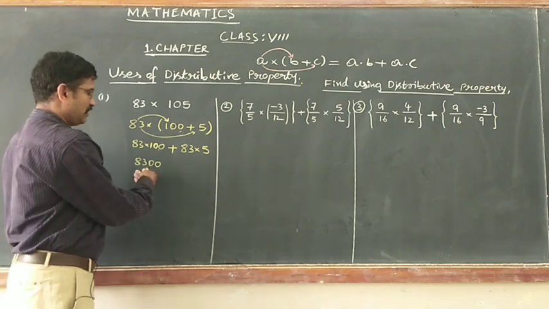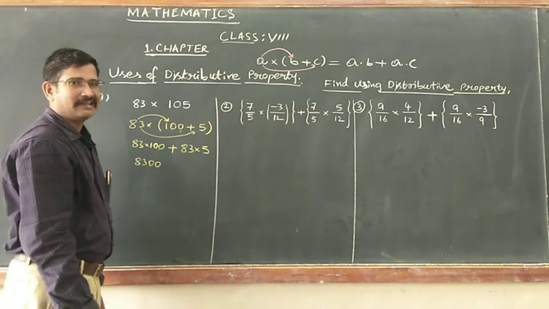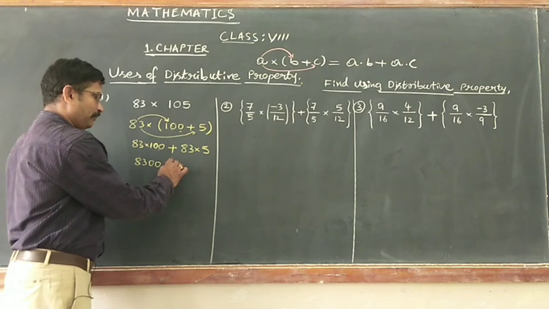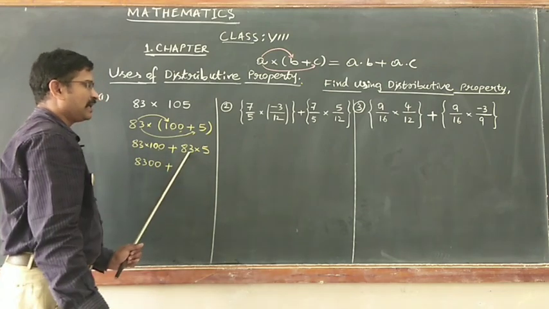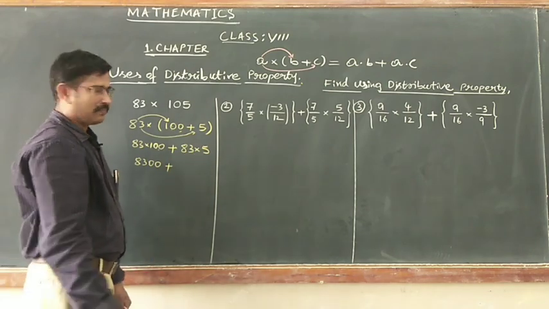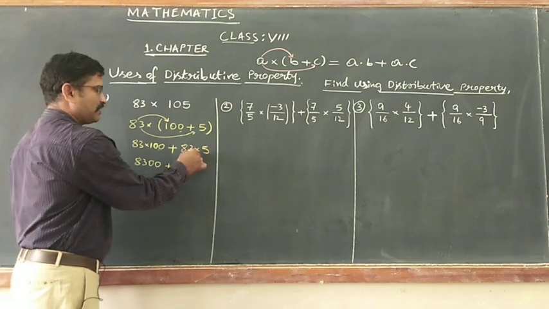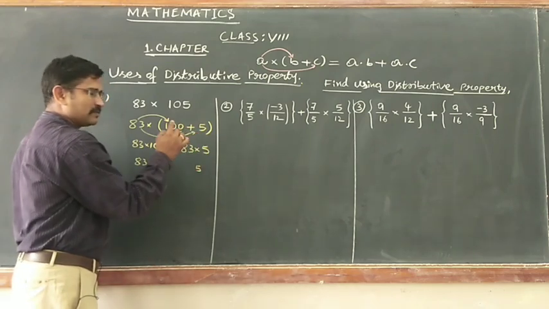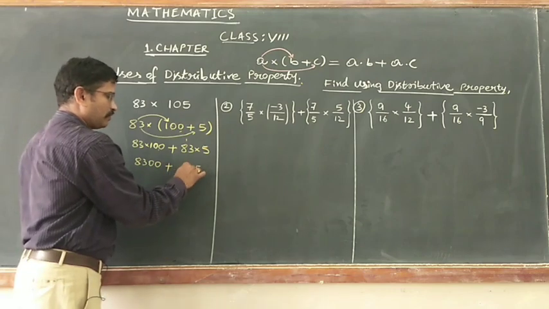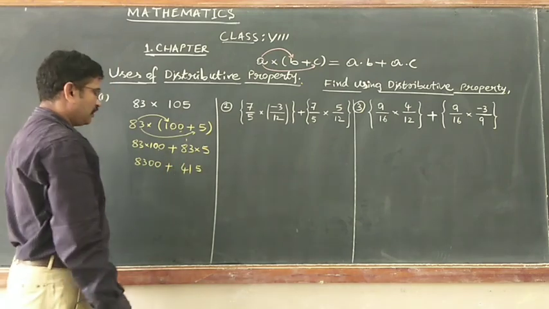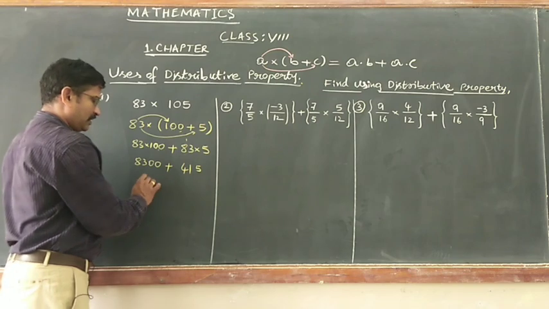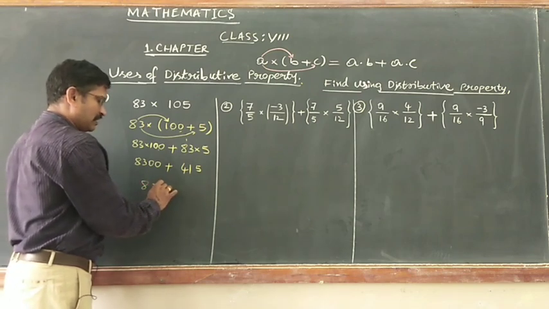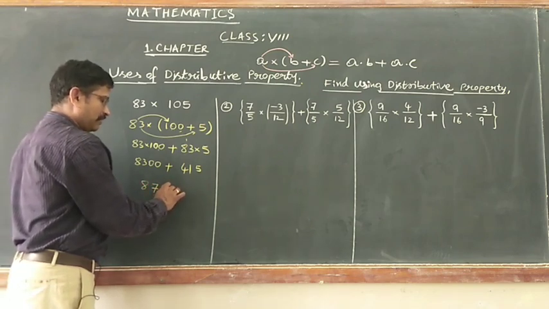two zeros, keeping along with the 83 gives 8300, plus multiplying 83 by 5 is also easy. 83 5s: 5 3s are 15, 1 carry, and 8 5s 40 plus 1 is 41. Now sum of them, it is 8715.